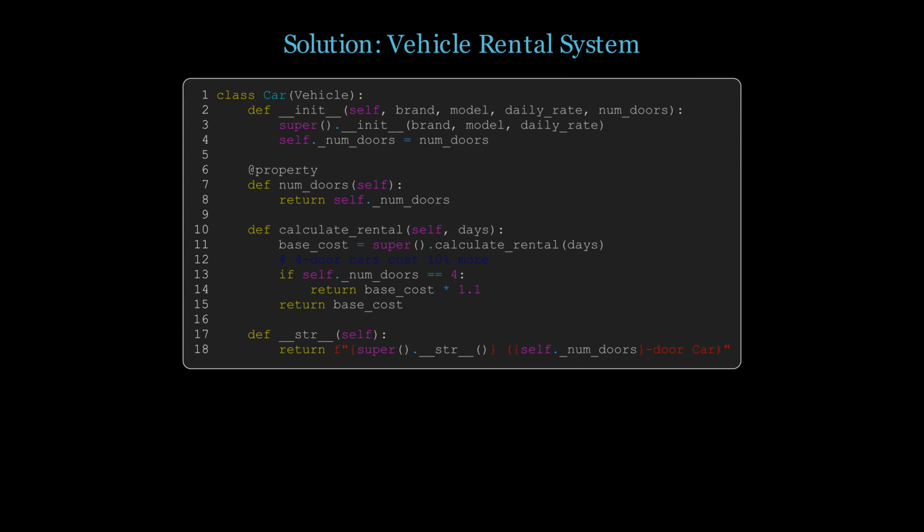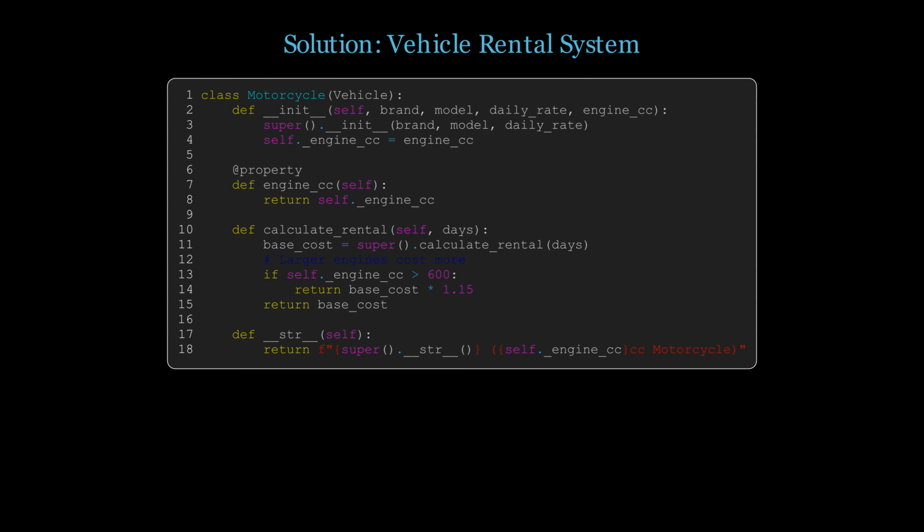Car inherits from vehicle and adds number of doors. It overrides calculate_rental to add a 10% surcharge for 4-door cars. Super calls the parent's calculate_rental first, then applies the surcharge. The __str__ method extends the parent's string representation.